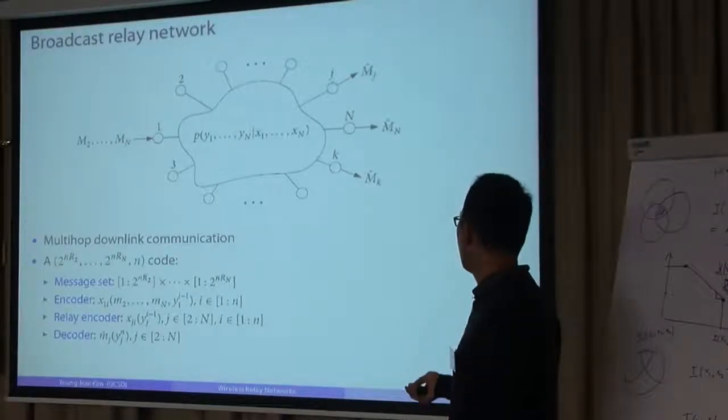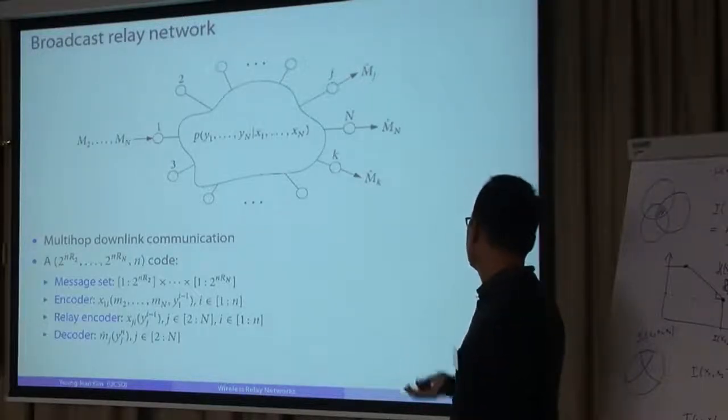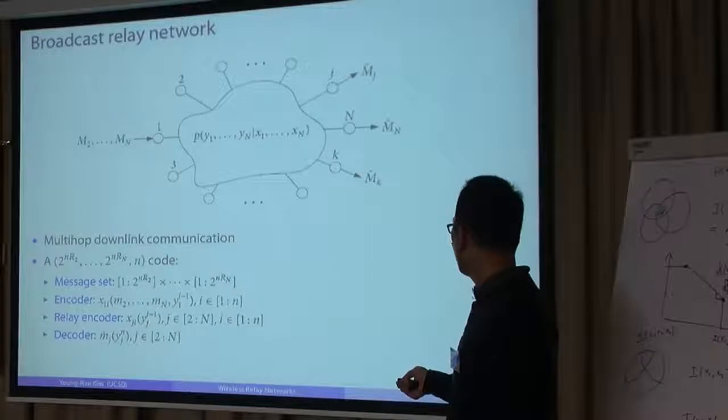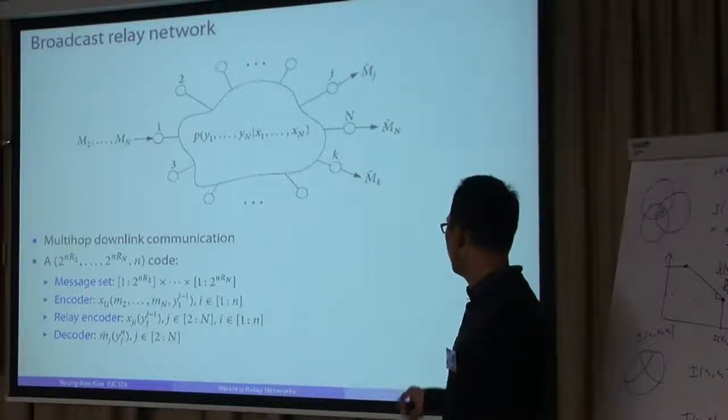And we can define the code. Similarly, here the encoder has access to all the messages and its own channel observation. The relay encoders are causally encoding their noisy observations into their own input signals.